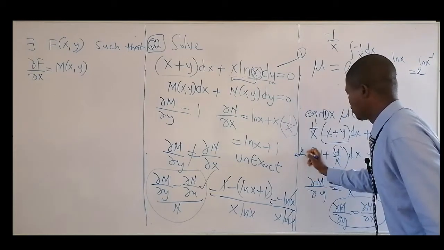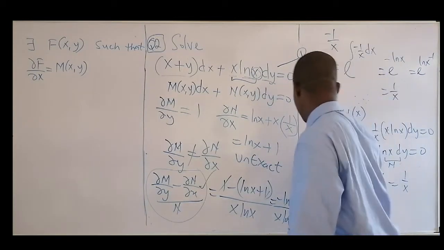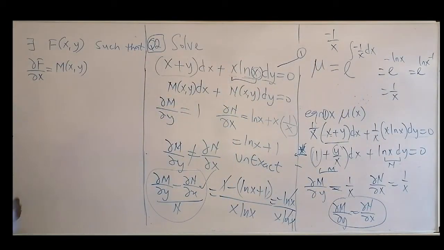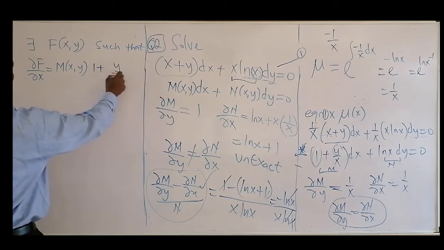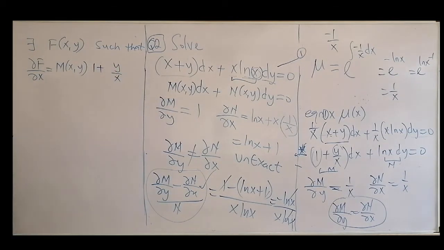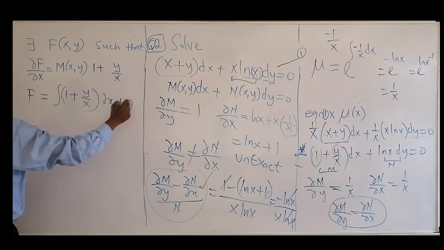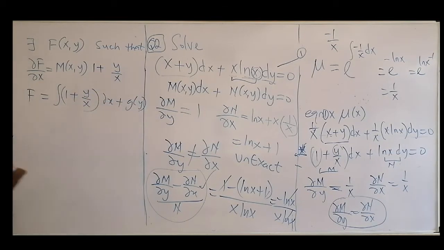I'm making reference to this line now. So my M is 1 plus y over x. So integrate that partially, and that will be equal to x plus y ln x, then plus g of y.